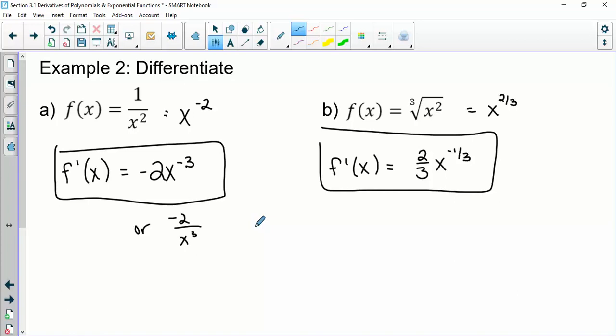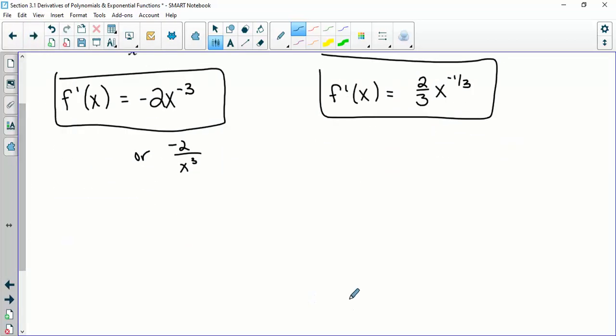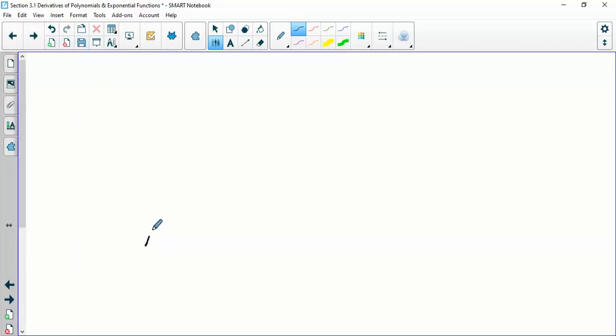Something else I want to talk about today. We're going to keep doing derivatives, but I'm also going to mention the idea of a normal line. A tangent line, if we are looking at a curve, basically hits it and bounces off, right? The normal line is the line that is perpendicular to that.